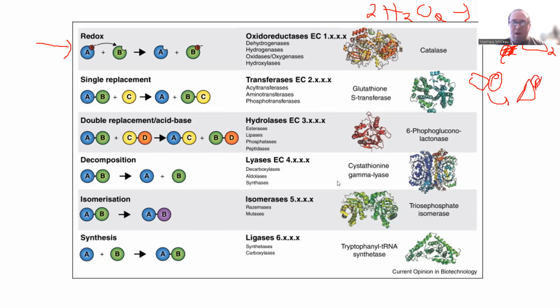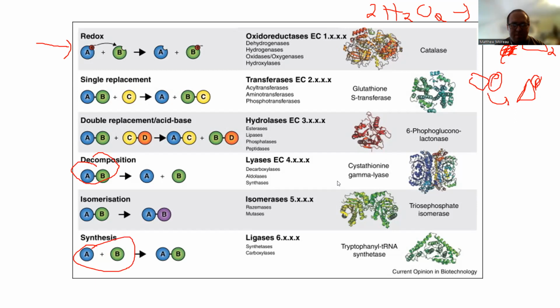And so again, we're not creating something brand new or breaking something. We're just moving a chemical group from one place to another. Double replacement, this is typically acid-base chemistry. Decomposition, these are hydrolysis reactions, and synthesis reactions we talked about.